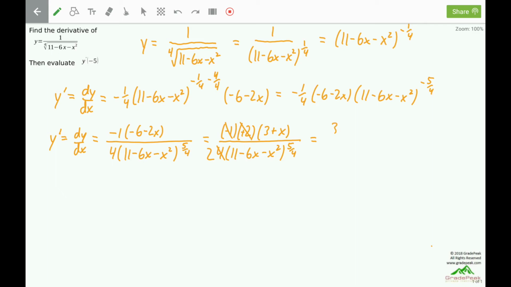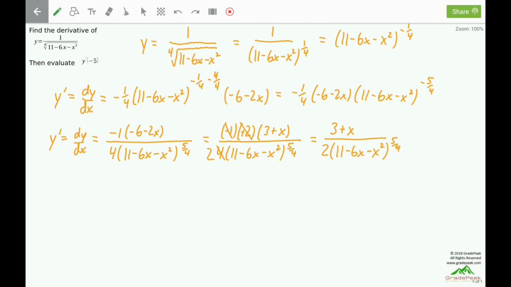So overall I have 3 plus x divided by 2 times 11 minus 6x minus x squared to the 5/4 power. 5/4 means the fourth root and then the fifth power. But there's our derivative.